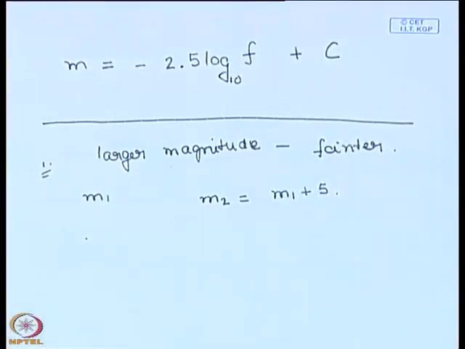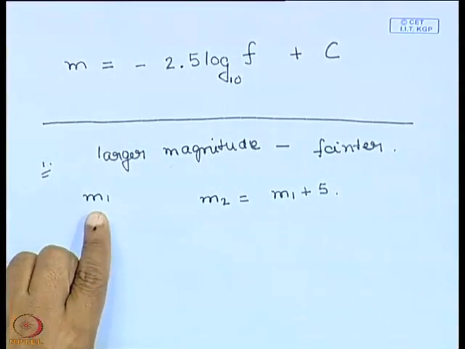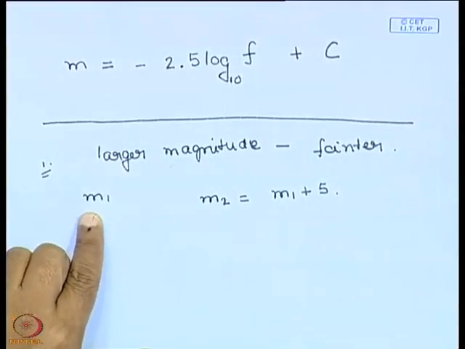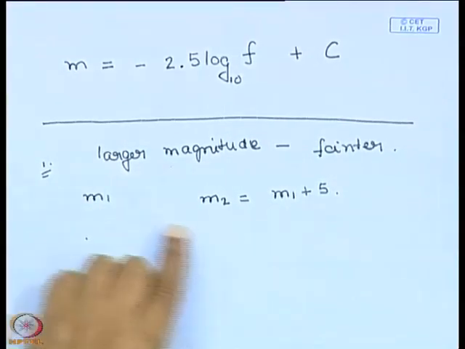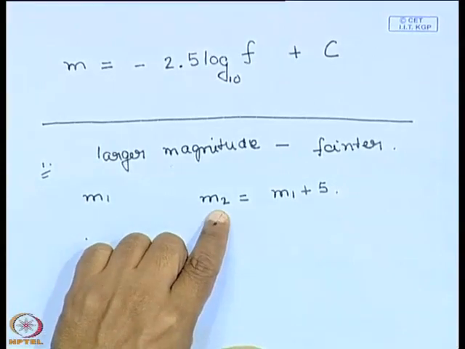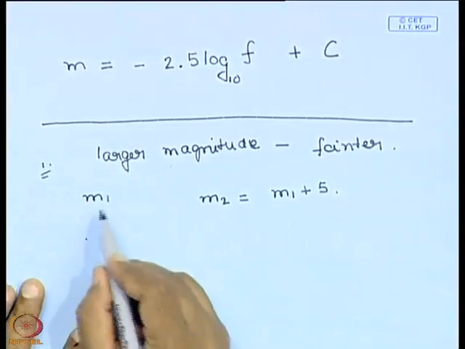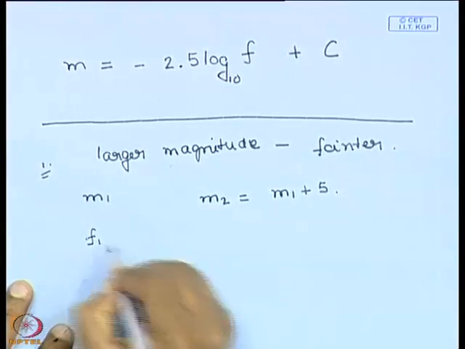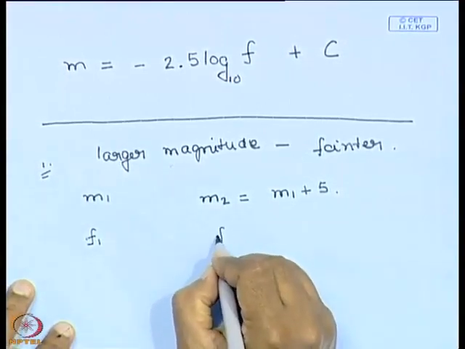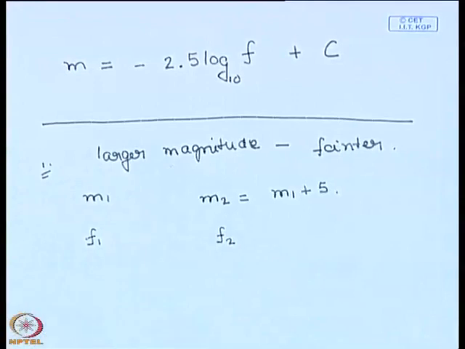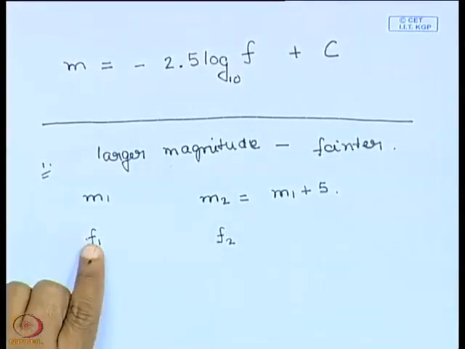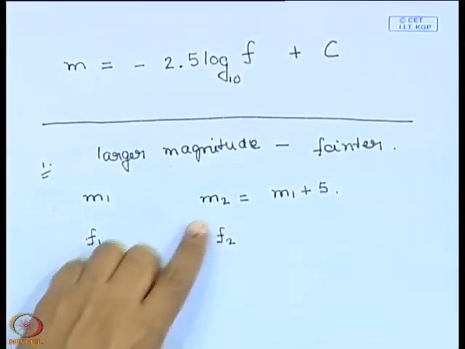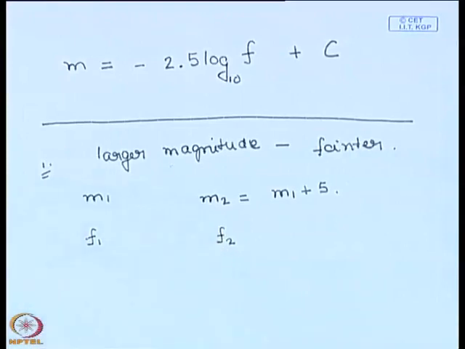So let me ask you, what is the relation between the flux of this source and the flux of this source? There are 2 sources, 1 and 2. Let us say that this has a flux F1 and this has a flux F2. The question is, what's the relation between the flux of the first source and the flux of the second source?